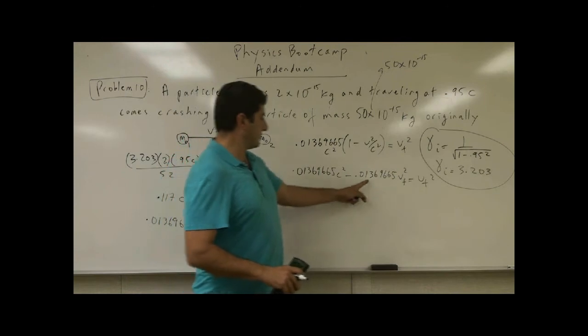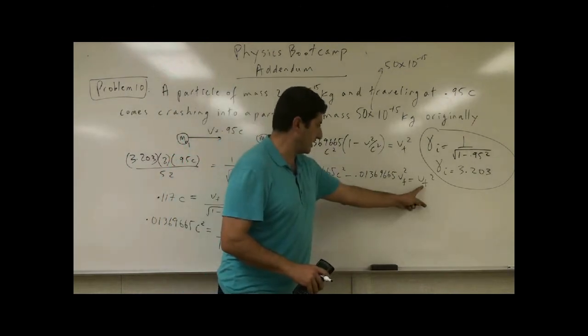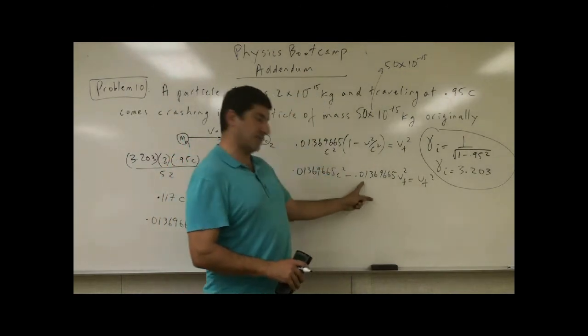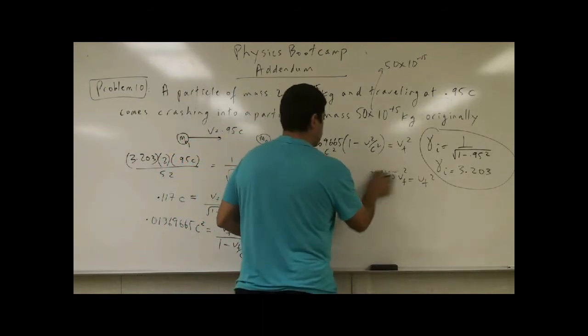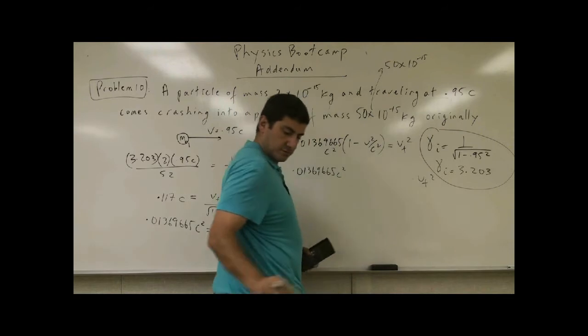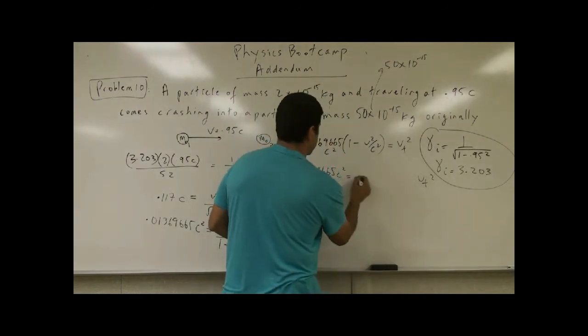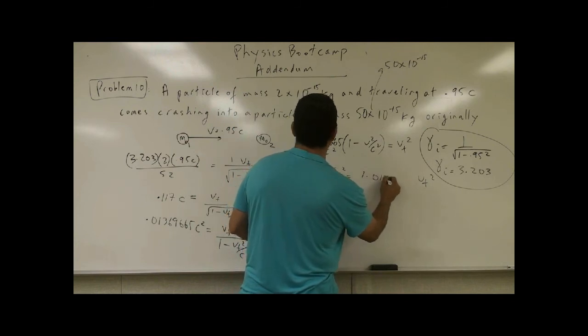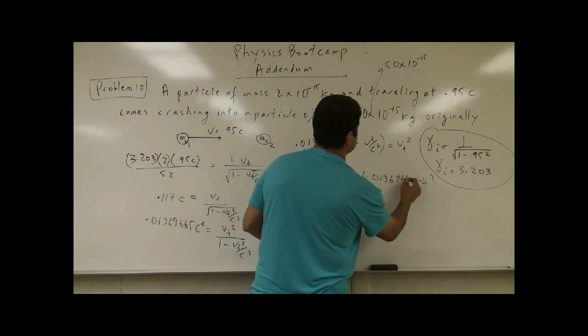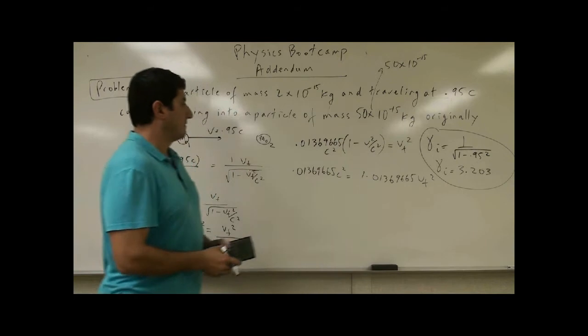Then basically what's left to do is I take this to the other side, and I'll take 1 plus this number. So I'll put the equal sign here, and I'll add 1 plus this number, 1.01369665, v final squared.